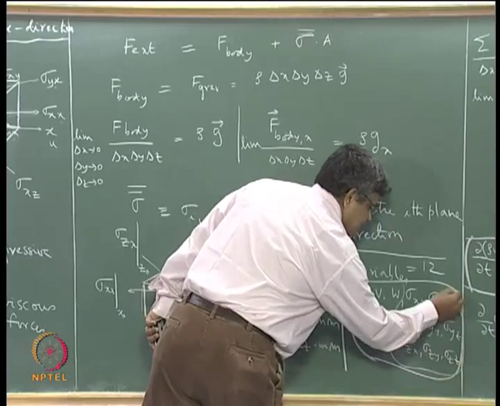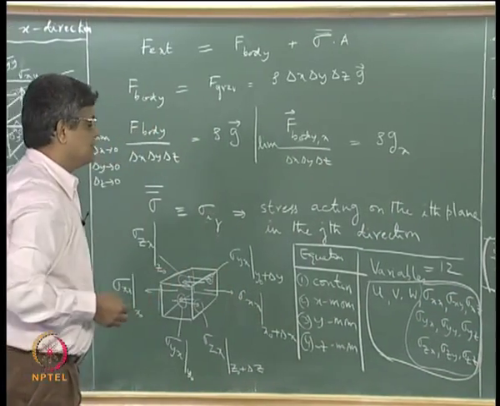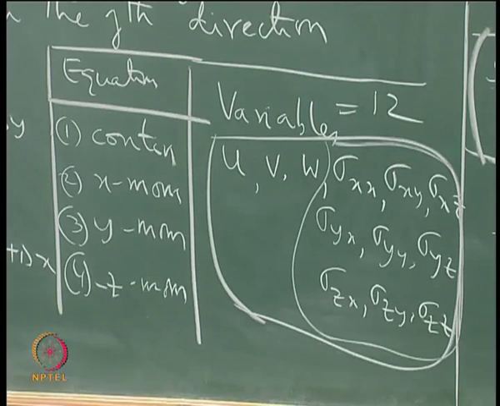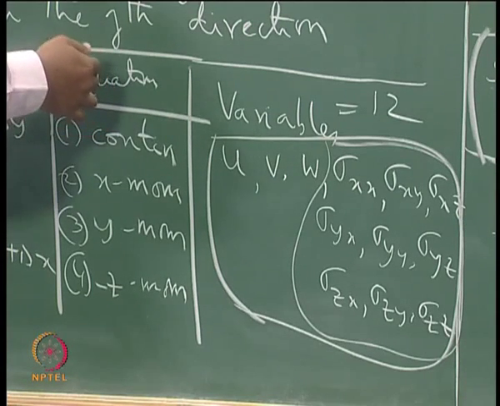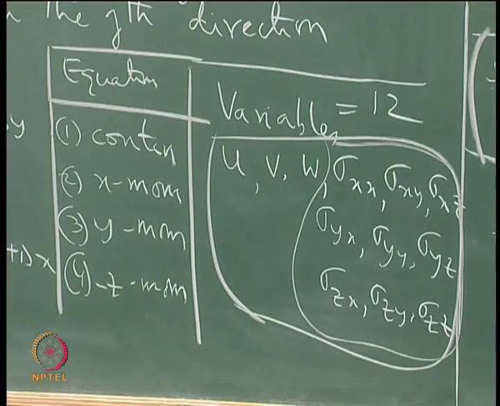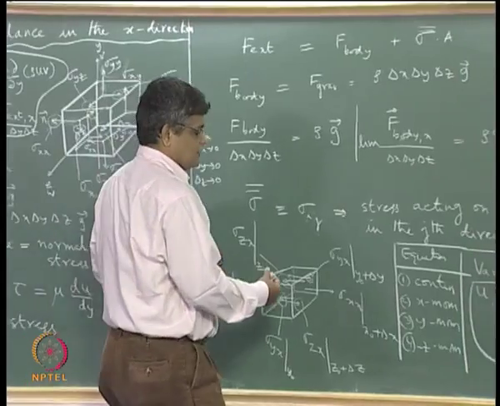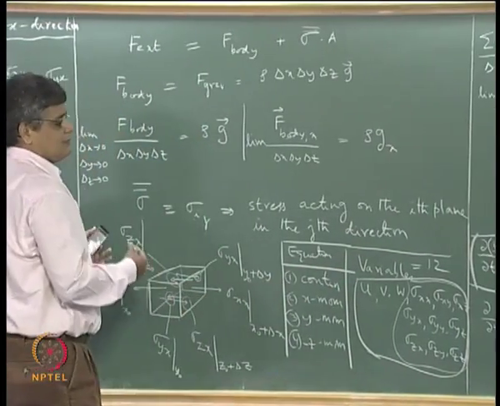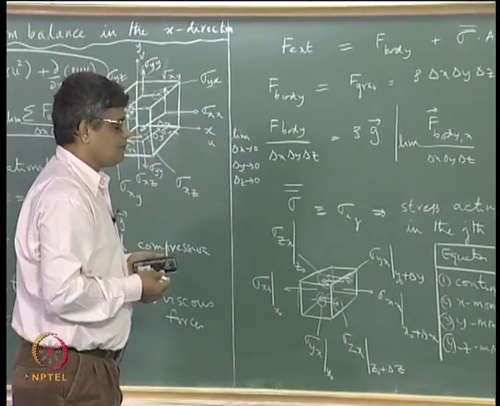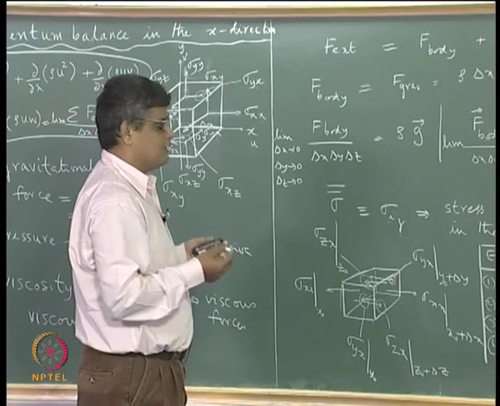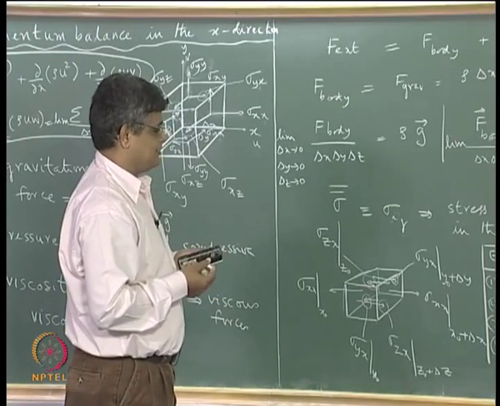The major problem comes from the stress components. There are 9 of those stress components. Unless we specify what we mean by the stress components, we cannot hope to get a balanced number of equations and variables. Okay, so we need to instill more information into the model, especially in the form of what these stresses are, so that we can hope to get as many equations as there are variables.